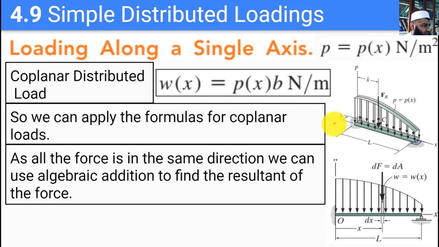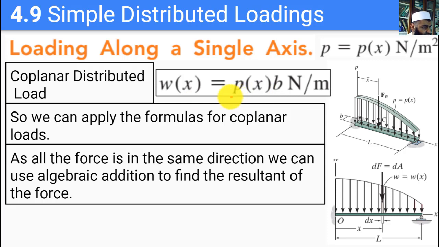When we say that we have a simple distributed loading, we basically mean loading along a single axis, so this function is just a function of x, as I told you earlier. That means I can write a w function which is just p times p of x.